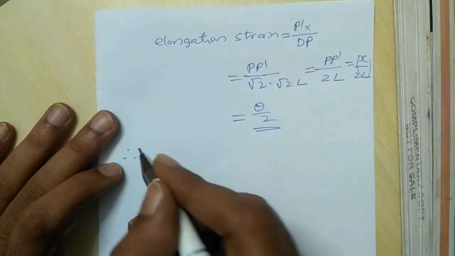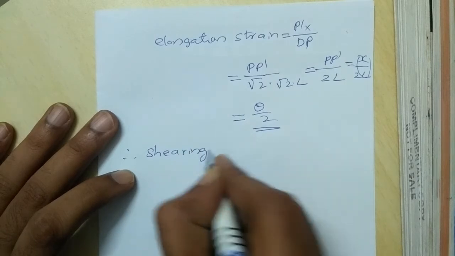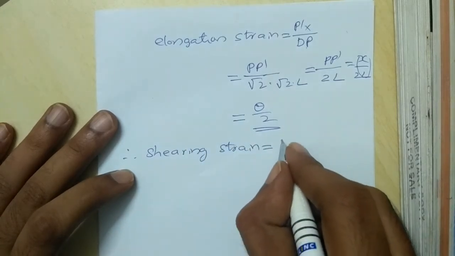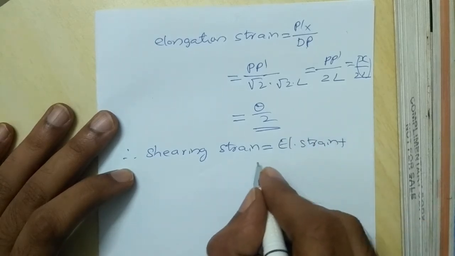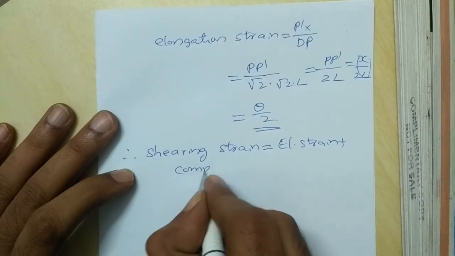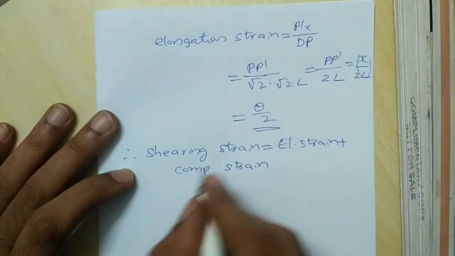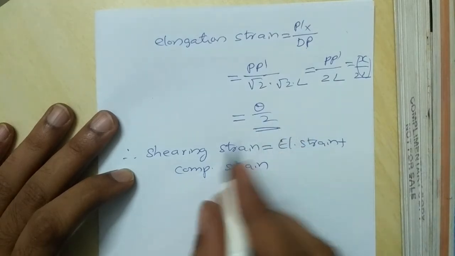Therefore, the shearing strain is equal to elongation strain plus compressive strain. Similarly, you can show that even the compressive strain is equal to theta by 2.